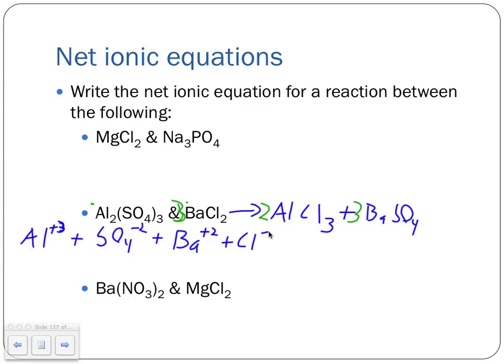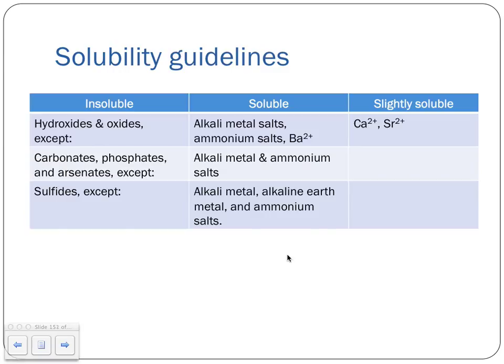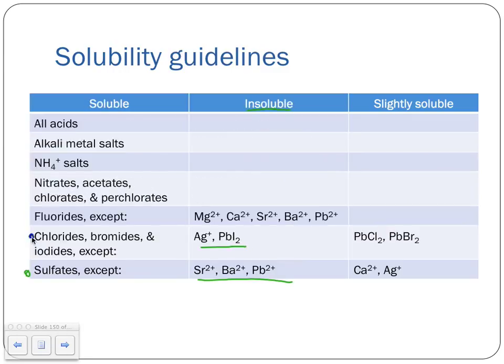We're just going to set it up to start with, and then we're going to look at our next ones. So we have aluminum chloride and barium sulfate. So aluminum chloride, looking back at the rules, chlorides are soluble unless there's an exception, so is aluminum one of the exceptions? It is not, so that means this is going to be soluble.